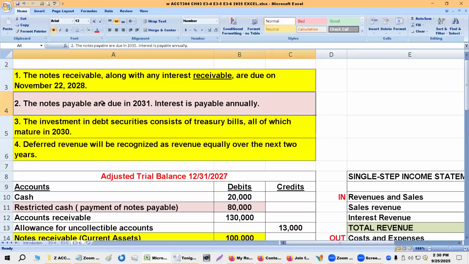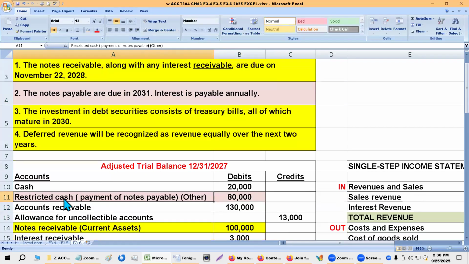So notice that this cash restricted for notes payable is going to be non-current. This is gonna be long-term. This is gonna go with the other assets. So I'm gonna go ahead and put that in right now so I don't forget.